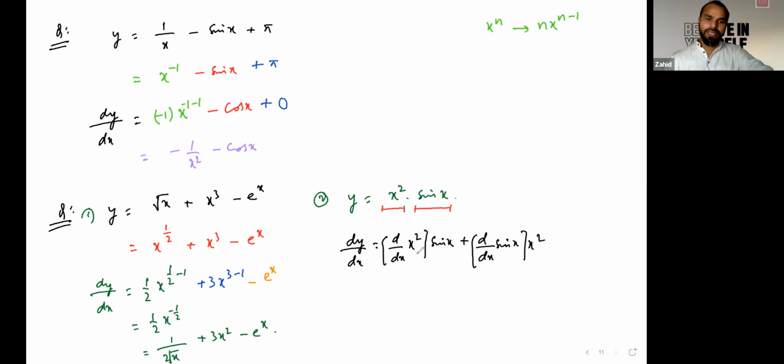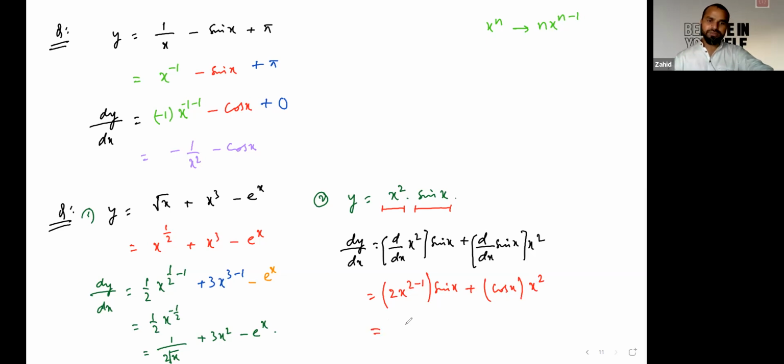Now, just apply the rule. Since it is x squared, on differentiating, bring the exponent to the coefficient. So we have 2 times x, reduce the exponent by 1, multiply it by sine x, plus the differentiation of sine x is cos x, and multiply it by x squared.